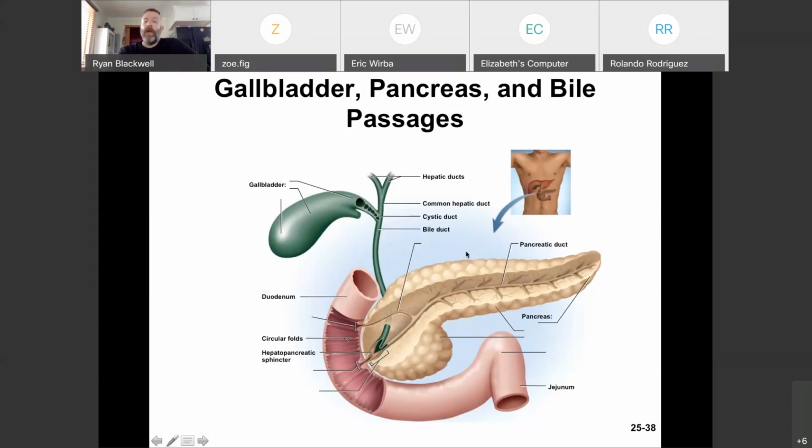So as soon as chyme digested in the stomach enters the small intestine, it immediately mixes with bile and pancreatic secretions to complete chemical digestion, so that then those digested nutrients can be absorbed.